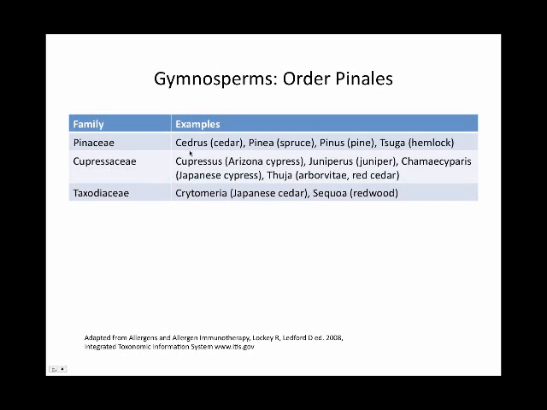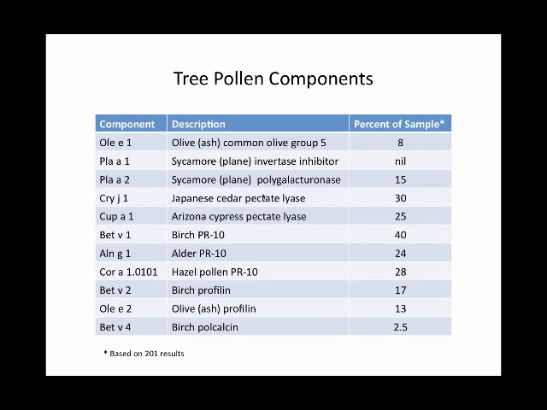There isn't a lot of cross-reactivity between pine, they tell me, and things like the Arizona cypress, and there is some cross-reactivity, I suspect, between the cypress and the Japanese cedar, because the Japanese cedar comes up, but it's not in our local area. These are the tree pollen components, a nice broad range.